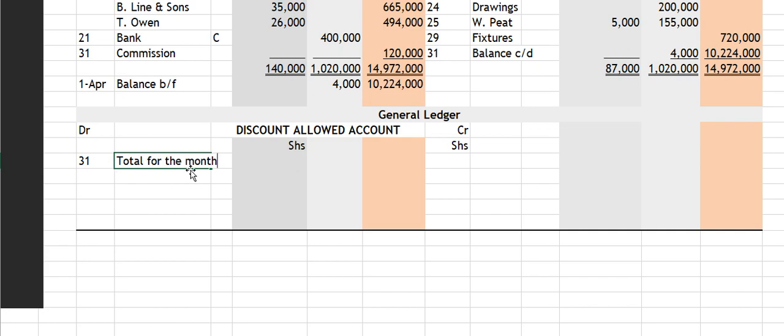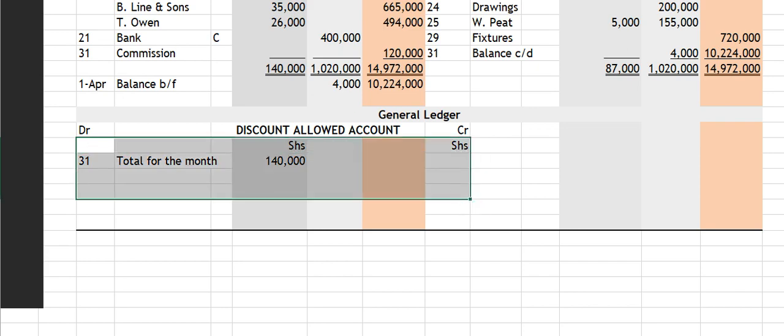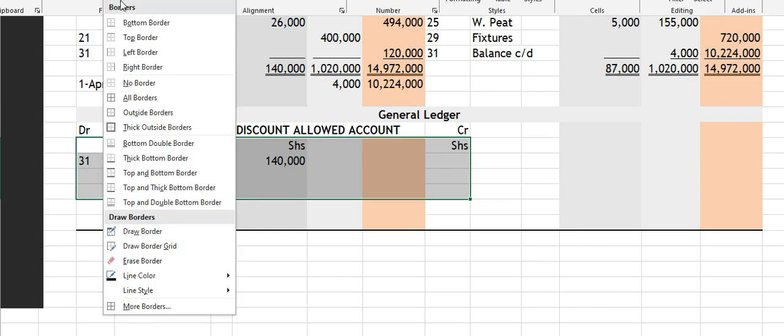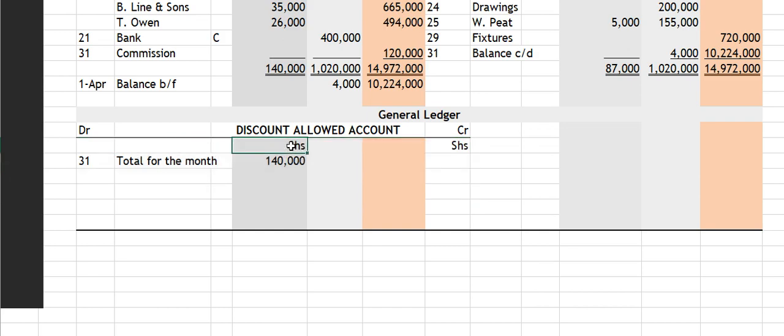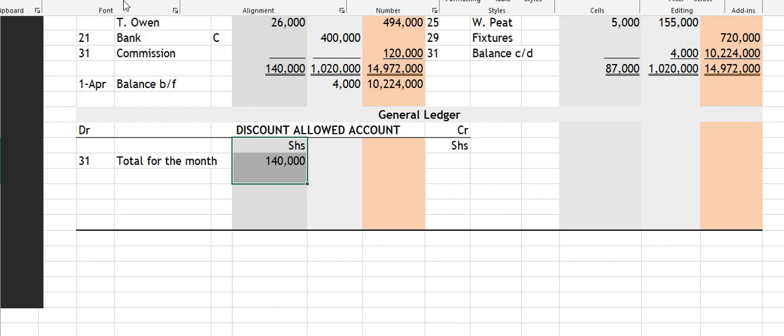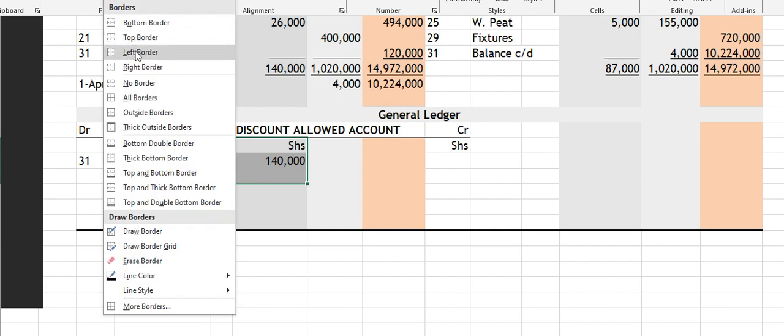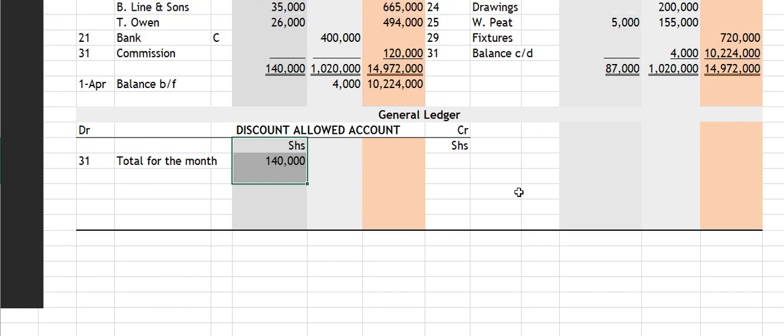The total for the month, the discounts allowed, that is 140,000. Now these discounts allowed are expenses in our statement of profit and loss. They will appear there as an expense in this income statement. So that is our discount allowed account.